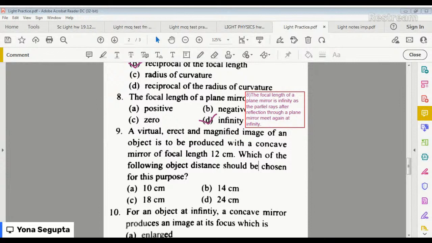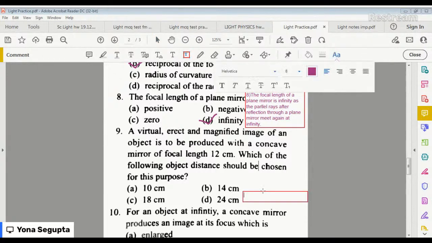So the answer here should be 10 centimeter.